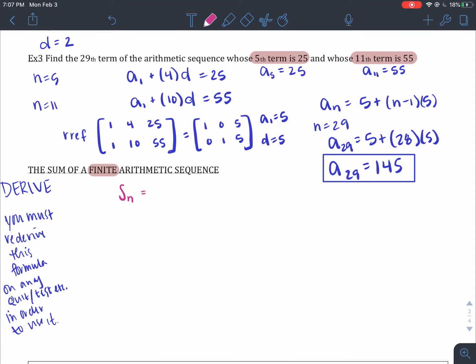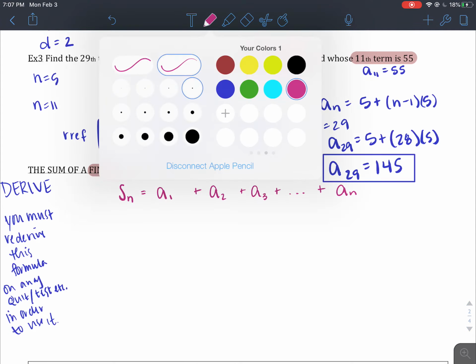This is just a sub 1 plus a sub 2 plus a sub 3 plus all my terms out to a sub n.